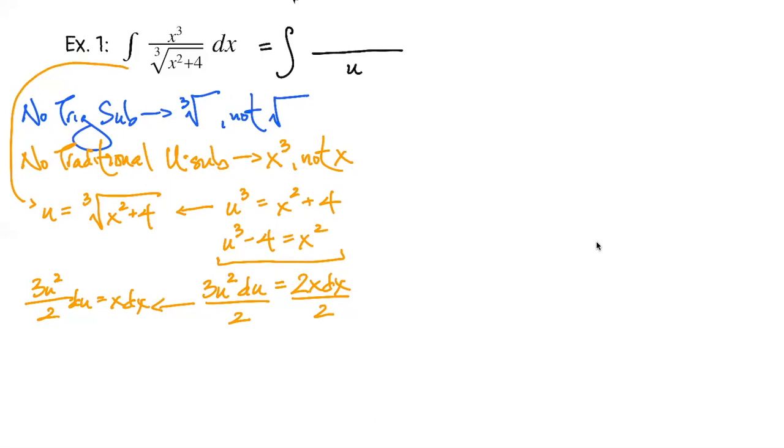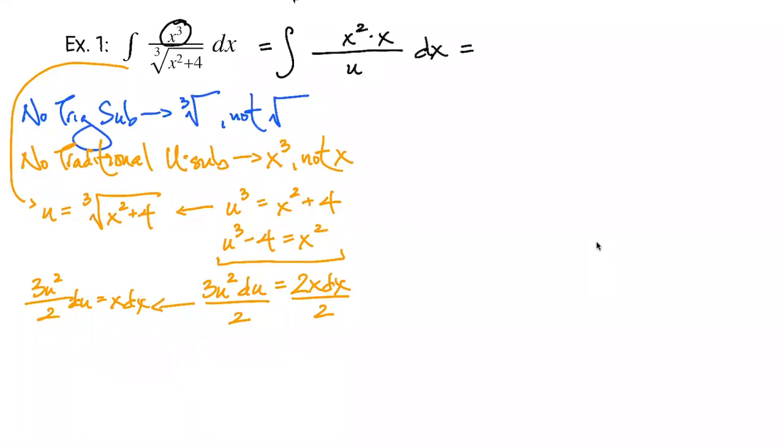So now, this x cubed at the top, we're going to split into x squared and x. So the x cubed becomes x squared times x, and then I'll have my dx still at the end.